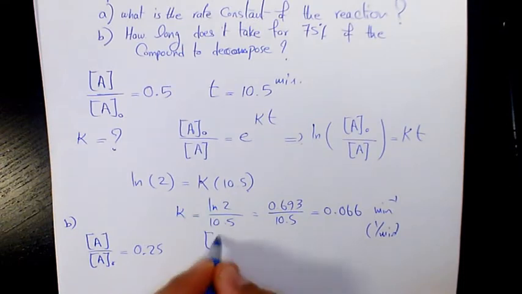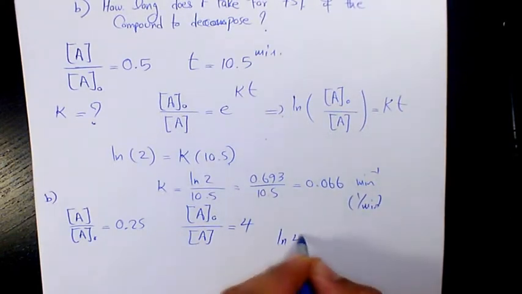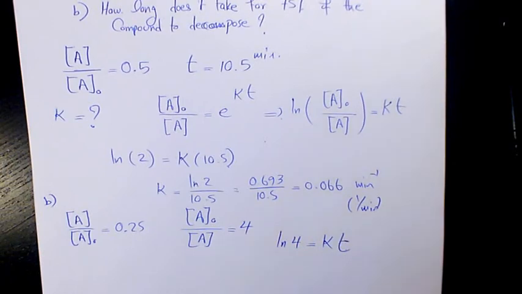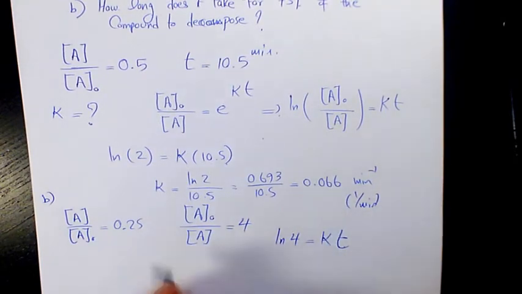It means that A naught over A will be 4. So you have ln 4 equals K times T. It says how long, it means that we need to look for T, and K we already calculated in the first part.